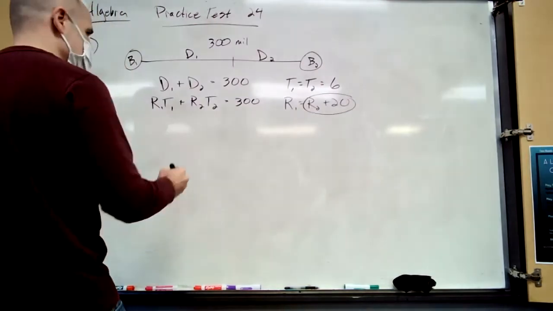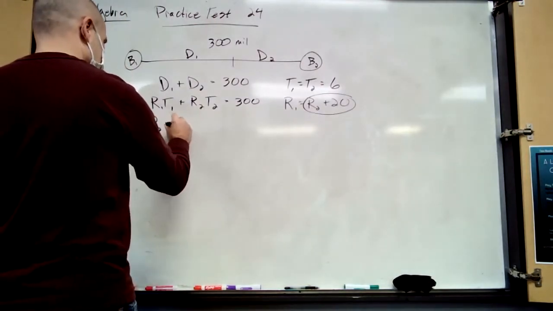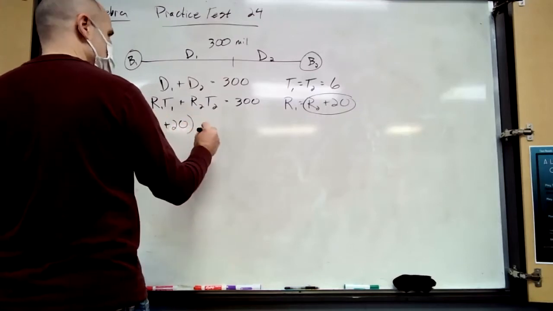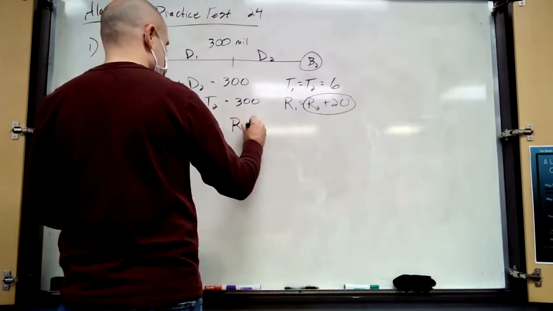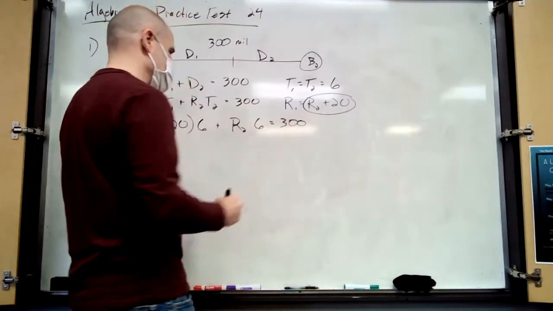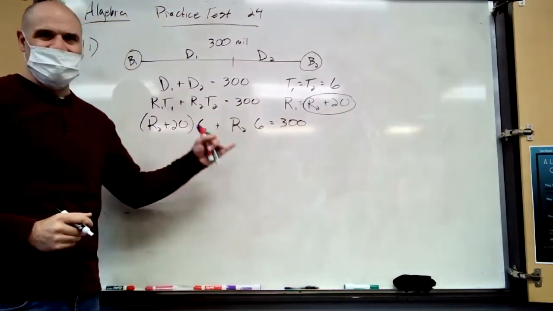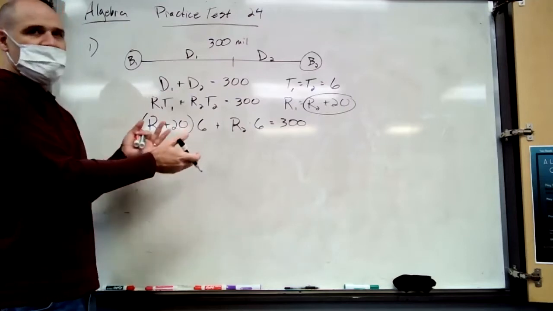So R1 is R2 plus 20. T1 is 6. R2 is R2. T2 is also 6. Okay, so this was just me translating it left to right. Now you can leave it like this if you want.